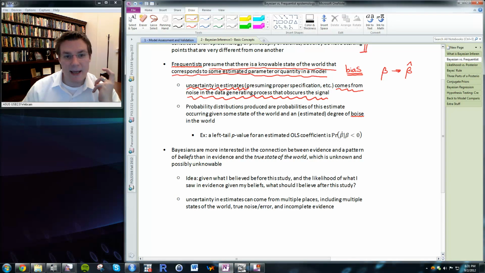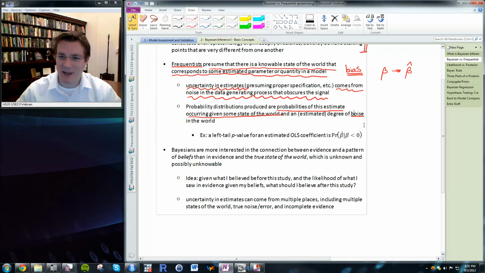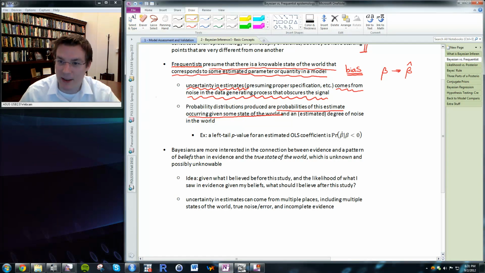And so as a frequentist, what you end up producing is probabilities that a particular estimate that you get occurred given a state of the world. That should not be Boise, that should be noise. Let's correct that. So what am I saying here? When you run a frequentist analysis, for example, when you run a maximum likelihood analysis, what are you doing?